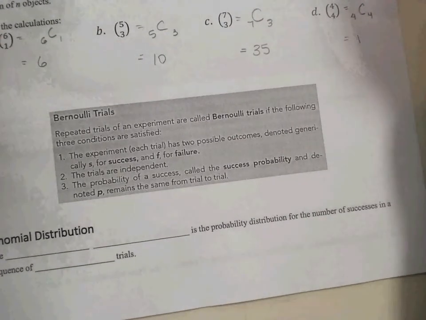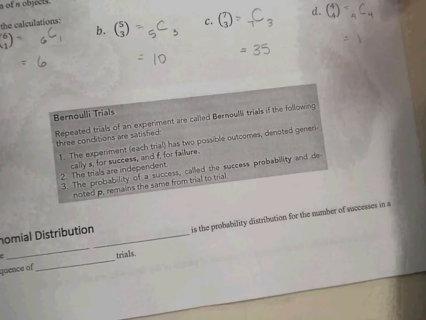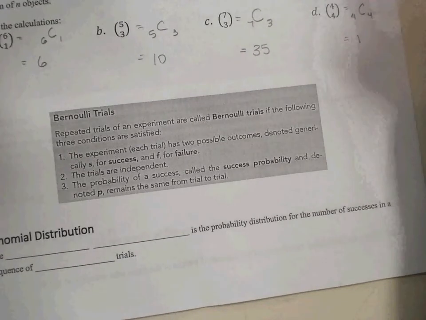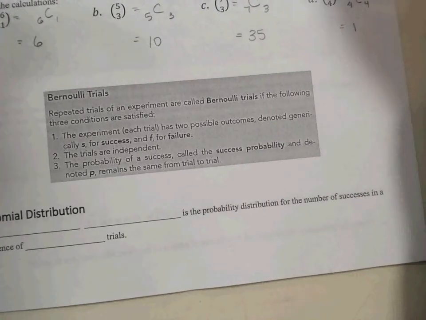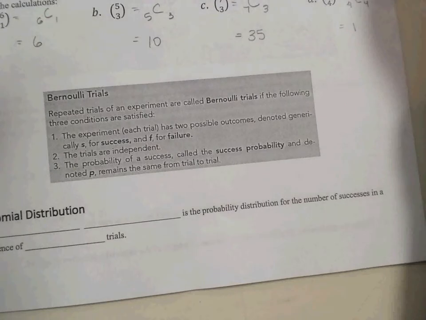So Bernoulli trials are repeated trials of an experiment if the following three conditions are satisfied. The first one, each trial has exactly two possible outcomes denoted generically S for success or F for failure.